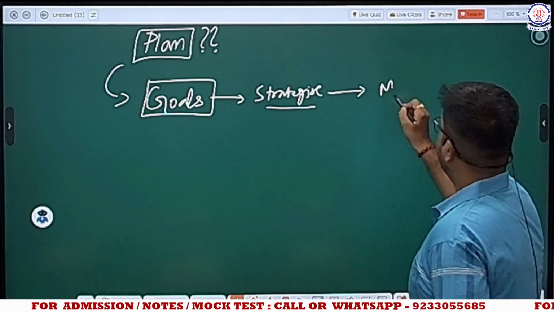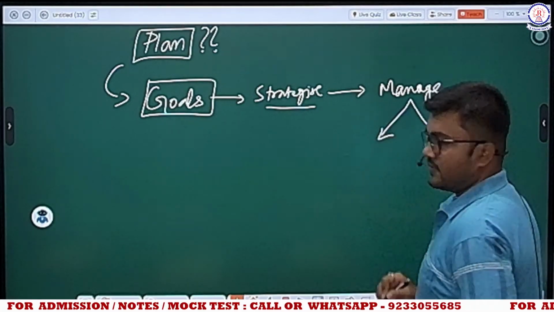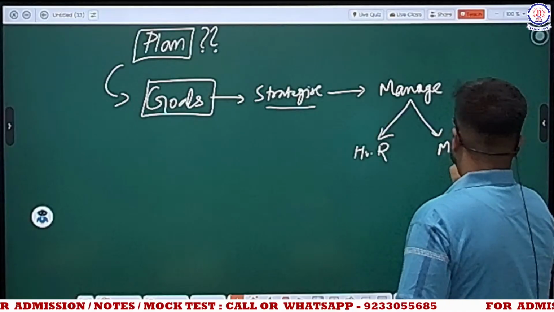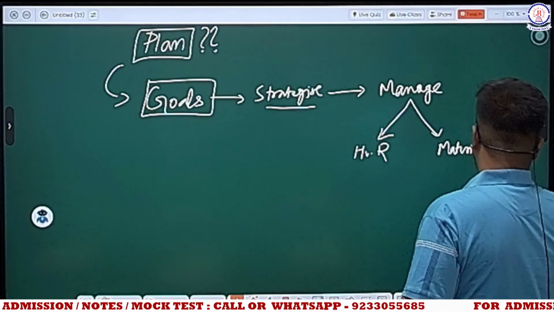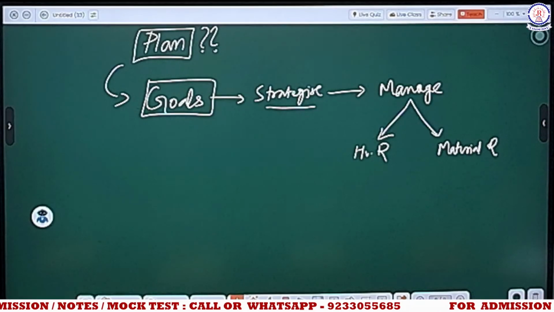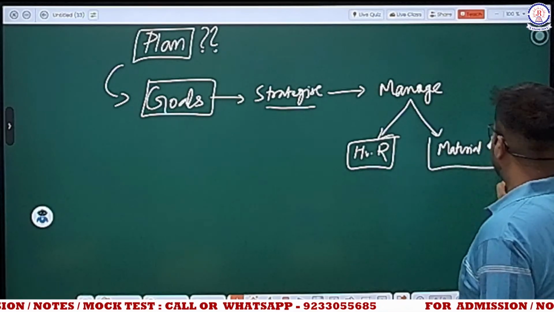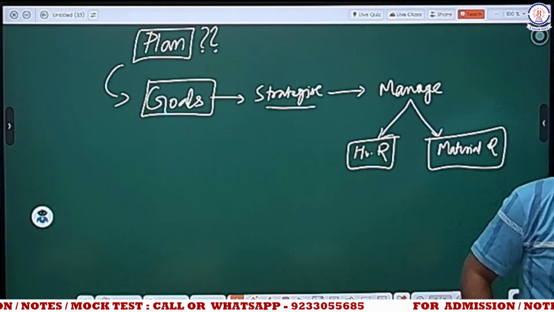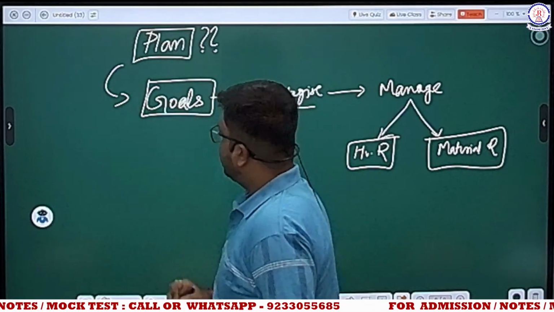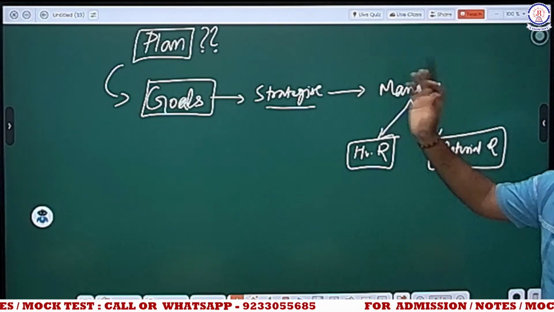So basically, I have to manage two things, that is human resource and material resource. Okay. So under the 5-year plans, the plans were mainly to manage human resource and material resource. On those management plans, a few goals were set, and the plans were mainly to implement those goals.